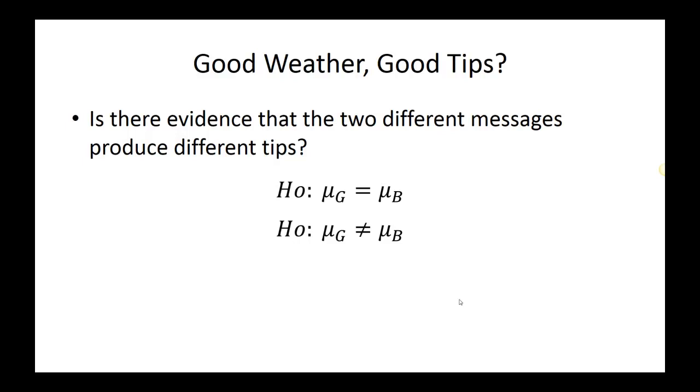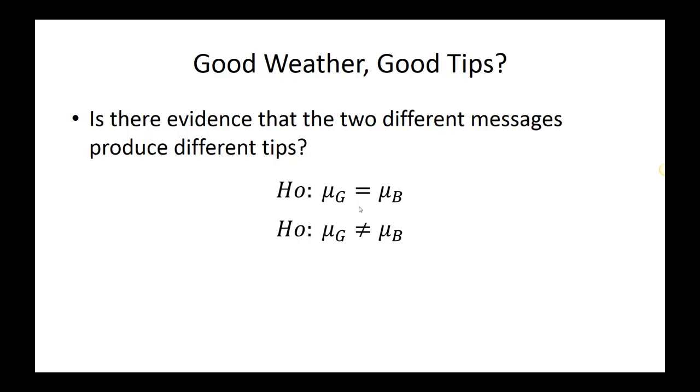So independent. So first thing we're going to do is write our hypotheses. Our null hypothesis is going to be that the mean tip for the good weather message is equal to the mean tip for the bad weather message. And our alternative hypothesis is going to be that the mean for the good weather message is different from the mean for the bad weather message.